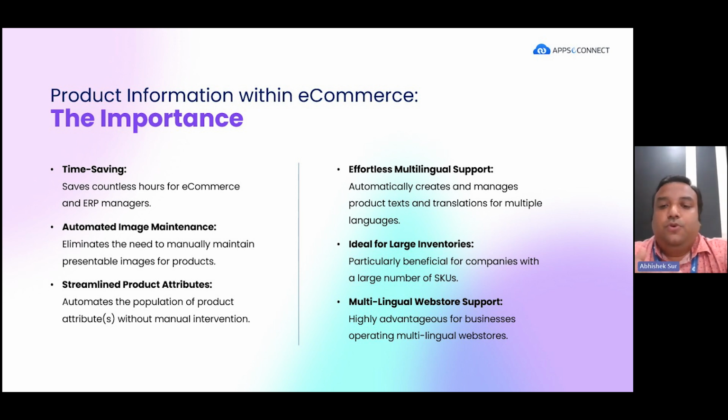You will have to go through rigorous exercises, and hire a lot of people to do these activities. And a multilingual web store is also one thing that you can easily publish.